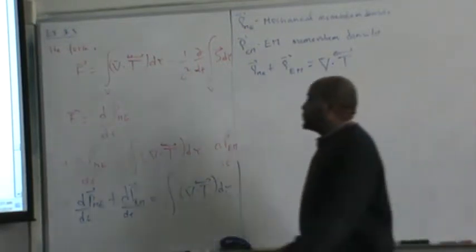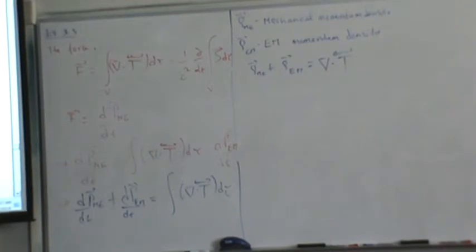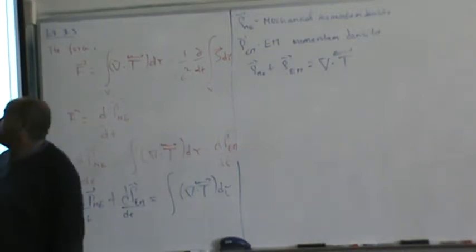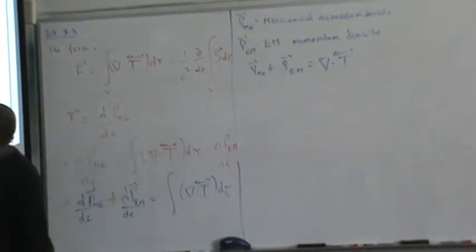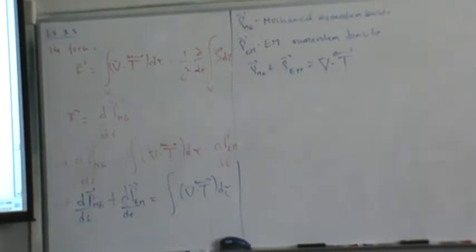So this is basically what the problem represents. You have these two cylinders, one with inner radius A, the outer one with inner radius B, and each of these cylinders carries a uniformly distributed charge. The inner one carries a positive charge and the outer one carries a negative charge.